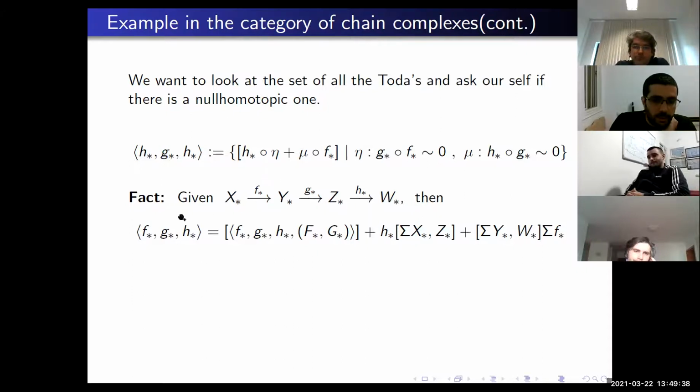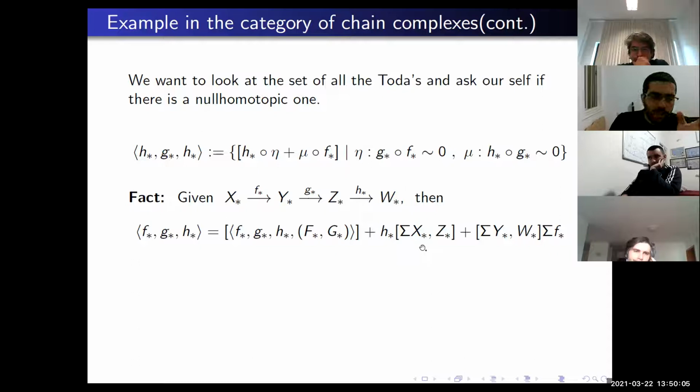Here we have the following fact in chain complexes: this set is a coset. You know that this set sits in the homotopy classes of maps from the suspension of X to W, but in fact it's a coset in this group, okay?